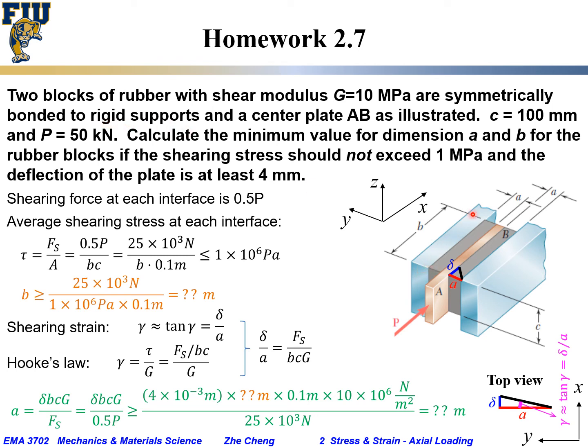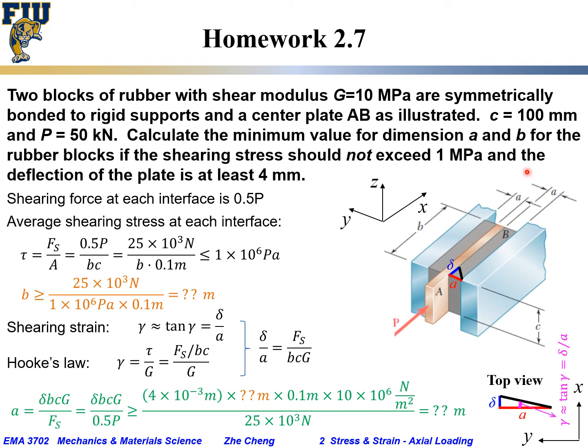The light blue ones are rigid supports, and this is the rigid center plate AB, this copper-colored center plate. So we have two pieces of rubber, one on the left, one on the right, on each side of this AB plate. And the rubber is bonded between the AB plate and the rigid support. The blue ones are rigid supports.